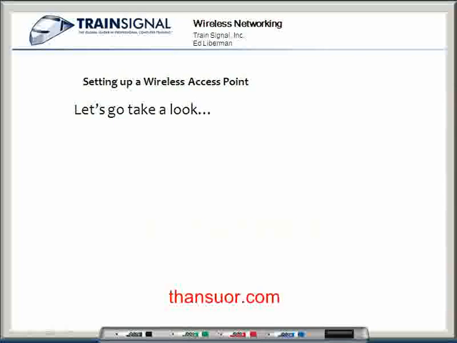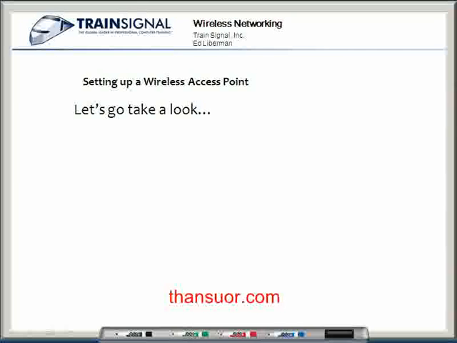All right, so now that we've talked about wireless networking and the different standards and wireless access points, where to put them, how to secure them, well, why don't we go ahead and take a look at one? So here in my office, I have a wireless access point set up. Now, the way you access this wireless access point, and quite frankly, the way you access most of your wireless access points these days, is through a web browser.